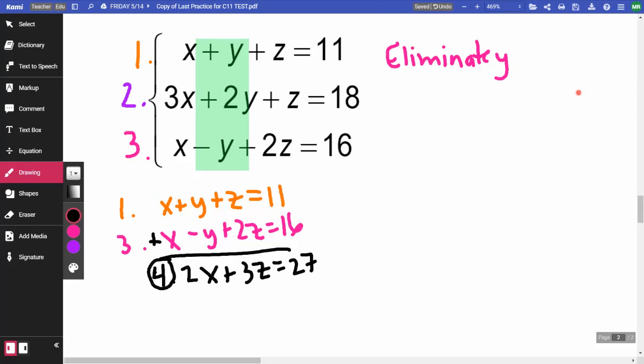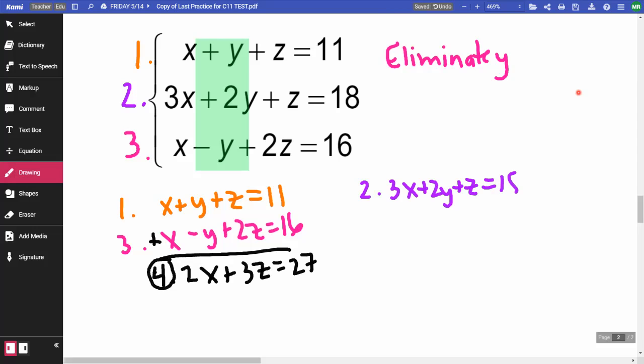So now I'm going to take the purple equation, the one that's number 2 that I haven't used yet. 3x plus 2y plus z equals 18. And I think I'm going to multiply the bottom equation by a 2. That's going to give me a negative. So I'm using my third equation, but I'm timesing it by 2.